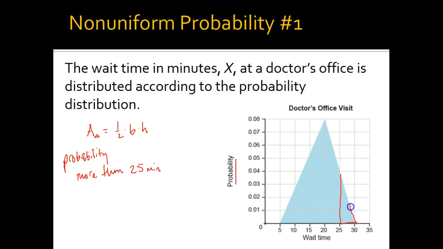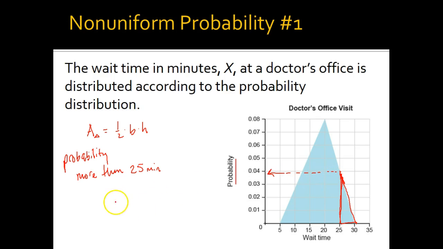So that whole section right there. Now this is a little bit tricky. We have to figure out where this 25 line hits this line of the triangle. I'm going to go ahead and say that that is at the 0.04 mark. So that goes to 0.04.